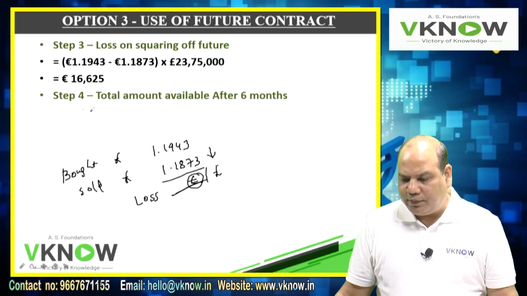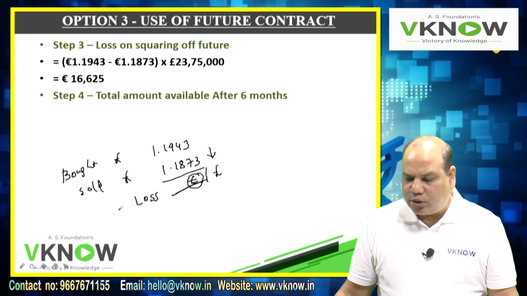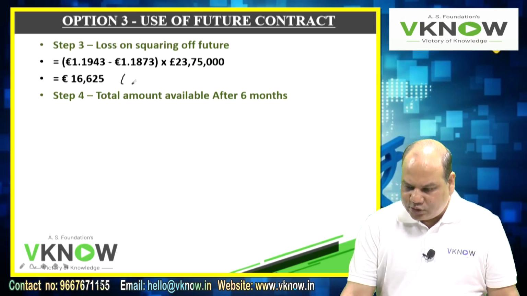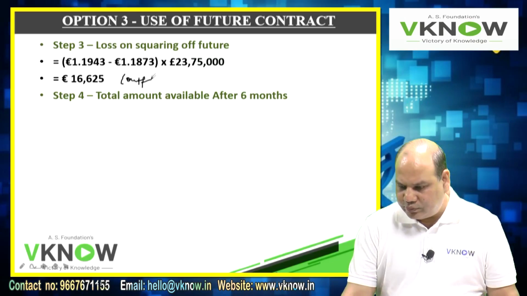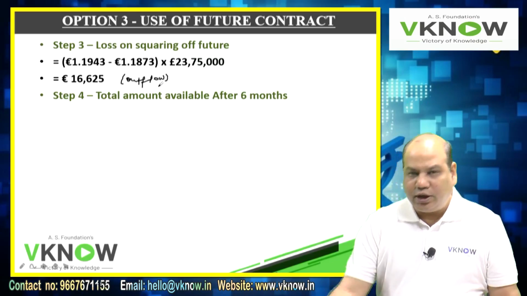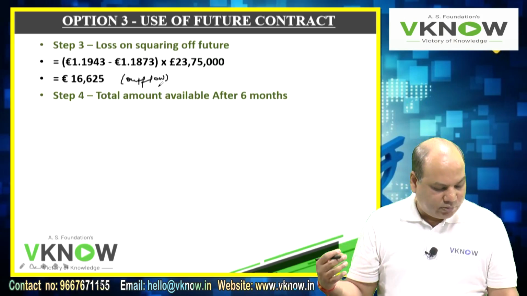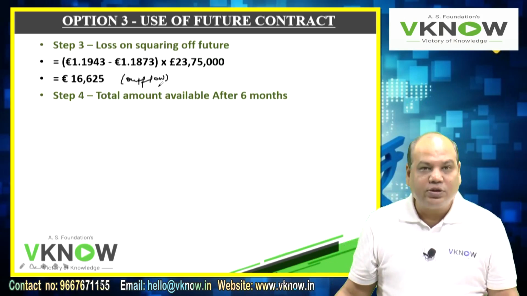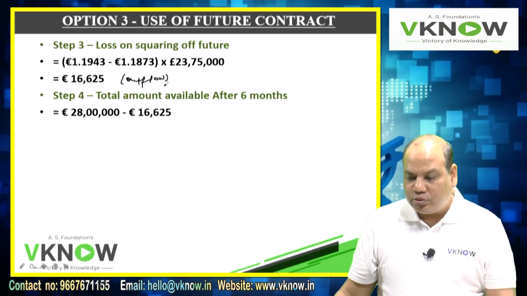Next line, write down step 4, total amount available after 6 months. This loss means this is an outflow. I will receive from the customer how much? 2.8 million euro minus 16,625 euro loss on squaring of future.